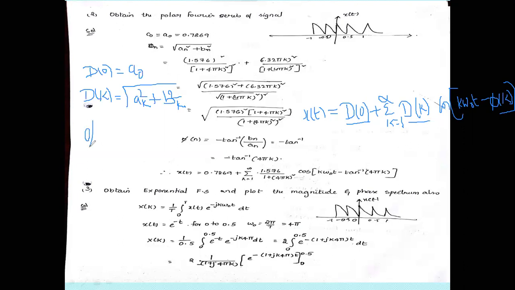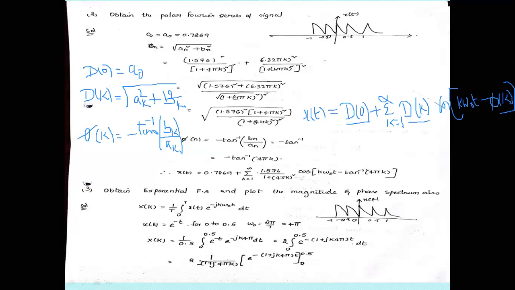The phi of k is equal to minus tan inverse of b suffix k divided by a suffix k. Using these equations, find d of 0, d of k and phi of k with the values of a naught, a suffix k and b suffix k, my dear students.